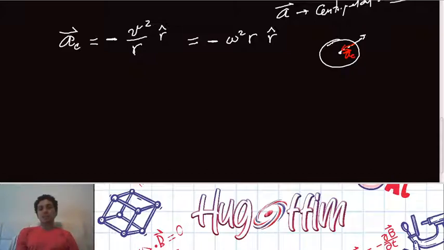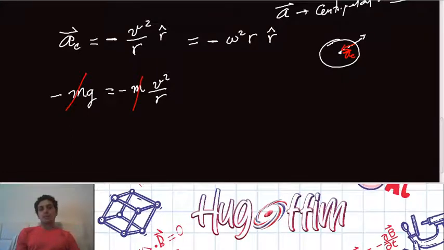So if the centripetal acceleration is this, we're going to have that mass times gravity is going to be equal to mass times v squared over r. That will be our expression to calculate any variable, and using Newton's second law I can simplify the masses.